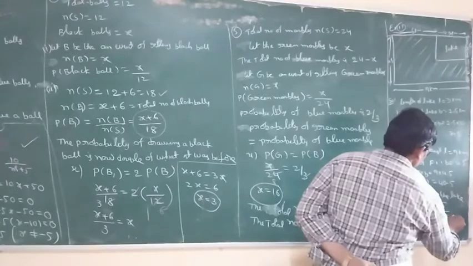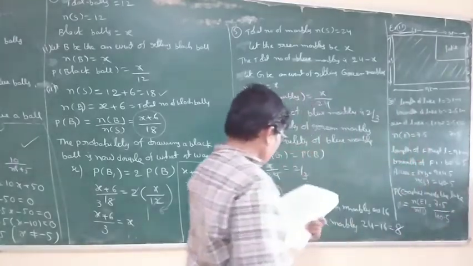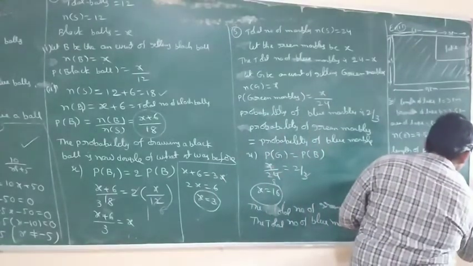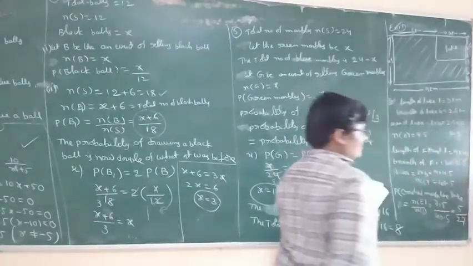N of S is equal to 40.5. 7.5 by 40.5 is equal to 5 by 27.